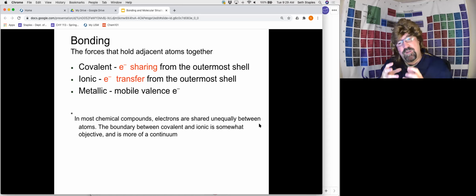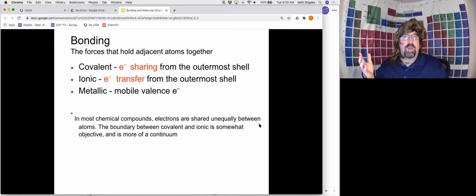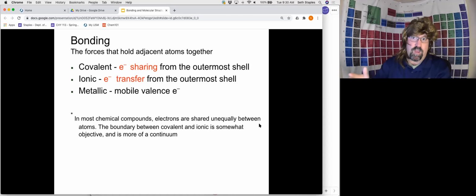As that sharing starts to become a little bit more unequal, as maybe one atom hogs the electrons a little bit more, we start to get what we call polar covalent, and that compound starts to look maybe more and more ionic until we finally get a complete charge separation. And really, like I said, there's a continuum there between covalent and ionic. We do talk about it more as if it's concrete. This is covalent and this is ionic, because that makes it a little bit easier for our discussions. But it is much more of a continuum that exists. So just keep that in mind.